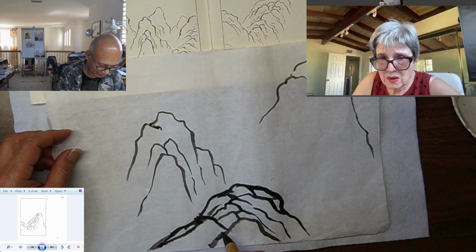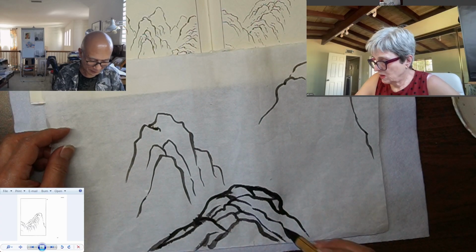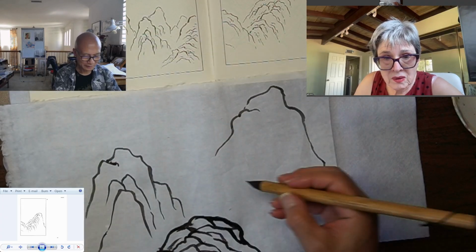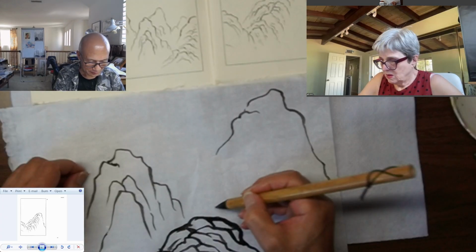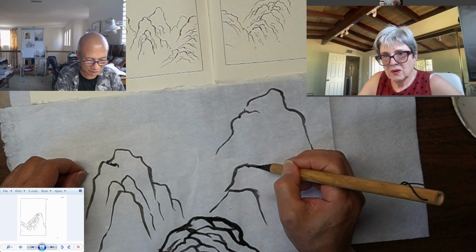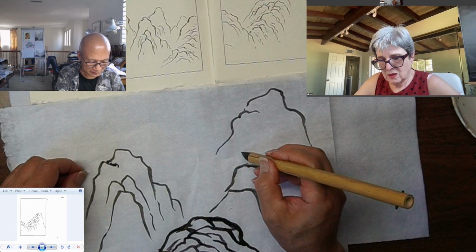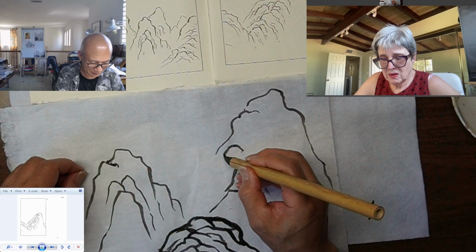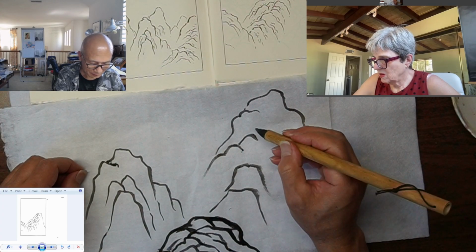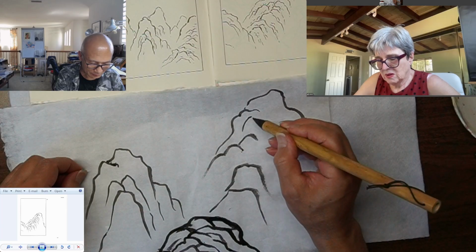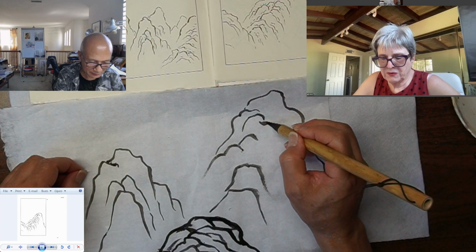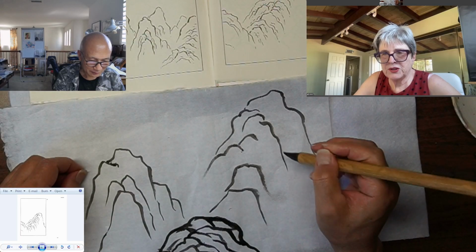This is the one, left and right. So this is the front, and this is the ridge of the mountain. So this could be considered the side view of this one. This cascading of ridges, that's called the dragon vein?